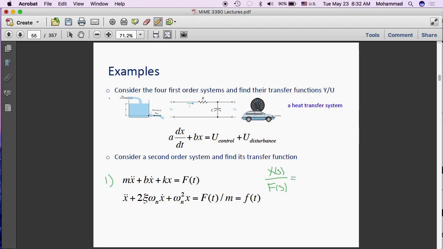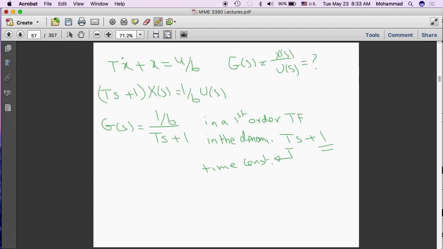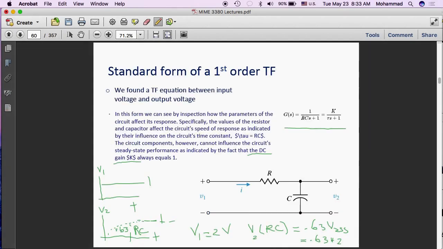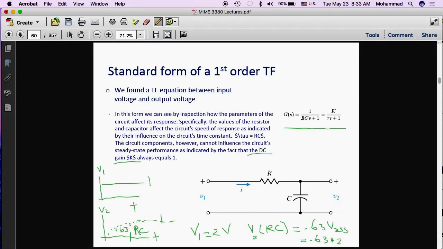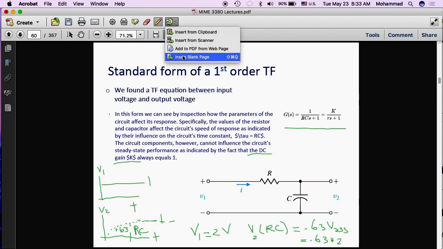Please go ahead and find this transfer function and repeat this from equation 2. So use either equation 1 or equation 2 to find this transfer function. Please take a minute and find this before I show you the response. And we are going to put that right here after this slide.